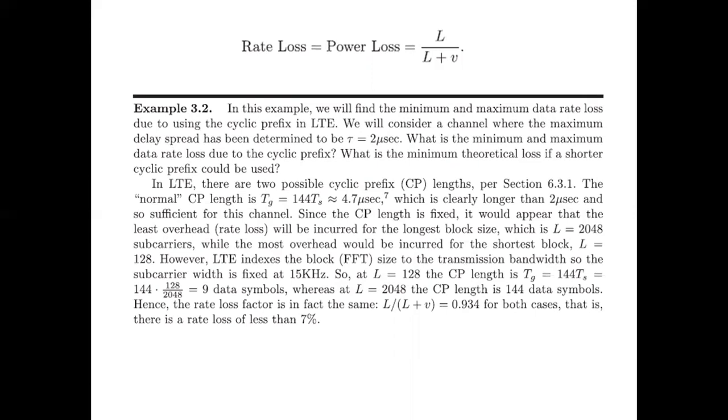You can see in this example how many values he has used. At L equal to 128, the cyclic prefix length is 9. That means if the actual data symbol uses a 128 point transform, then the rate is affected. I'm going to continue this numerical example; you just read through this.